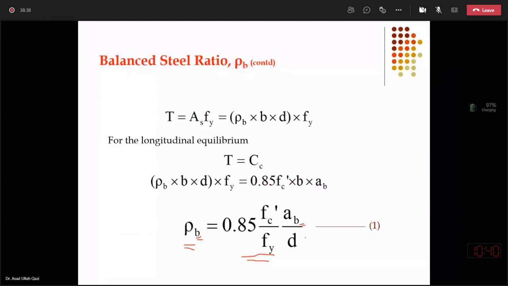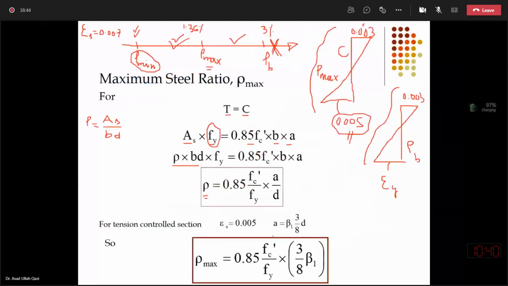Now in this case we are doing the same thing, and we are keeping rho on one side and all other variables on the right hand side, and we are getting the same terms: 0.85 ratio of strengths, a over d.